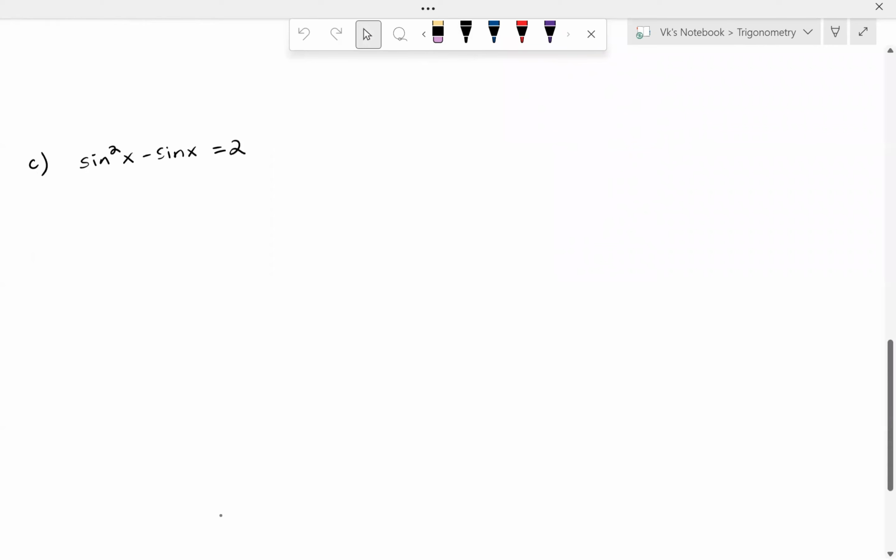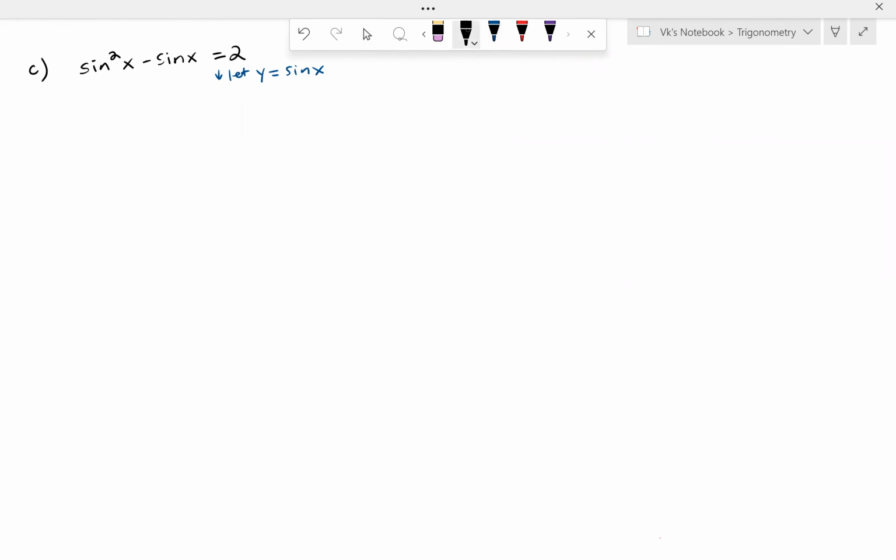Let's take a look at C. Sine squared x minus sine x equal to 2. Now, to do this problem, let y equal sine x. From there, we see that y squared minus y, and we can move the 2 to the other side. We have a quadratic equation. So in order to solve it, factor: y minus 2, y plus 1 equal to 0.